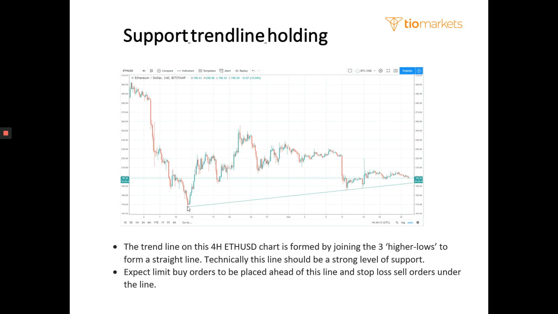Okay, so this low here is higher than this low here. This low here obviously is higher than those over here, and again we have this low here, which is higher still than this one. So that's what we talk about when we talk about a series of higher lows. That's what actually gives us this trend line.